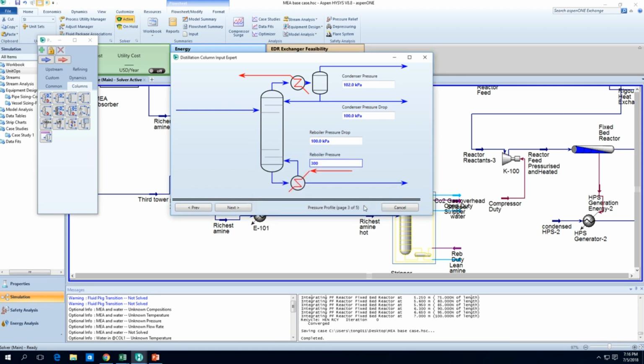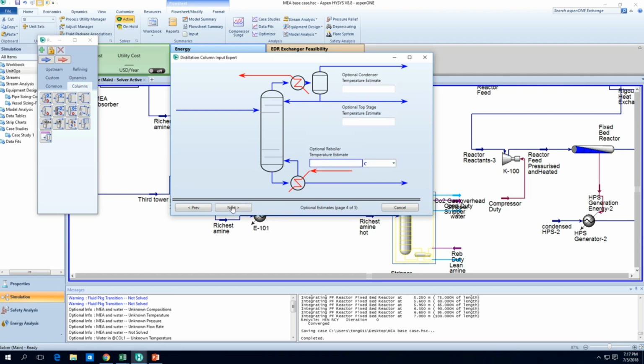Pressure reversal, what does that mean? Basically, it means that the bottom pressure is lower than the pressure at the top. The reboiler pressure is lower. I mean, there are stages in the bottom part of the tower that have lower pressure than stages at the top of the tower, which doesn't make sense. So you need to fix this. We'll just increase the reboiler pressure, and we go next.